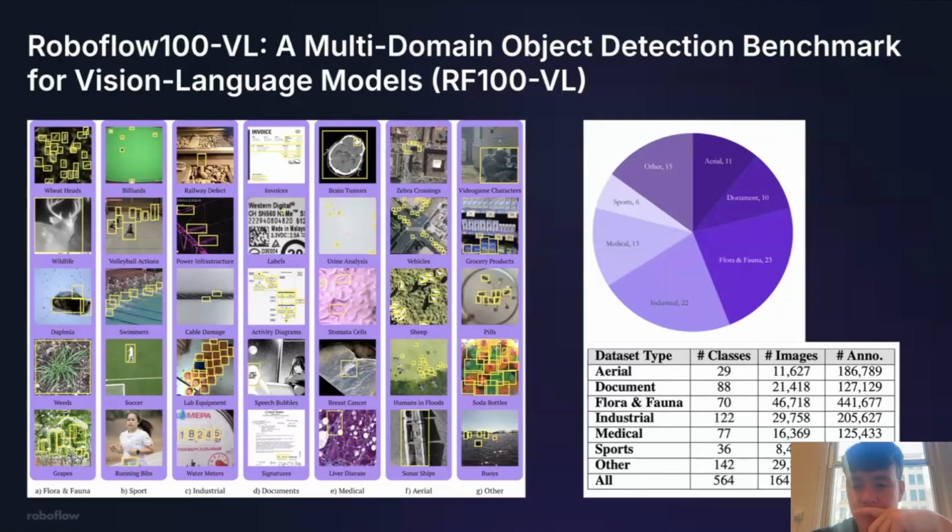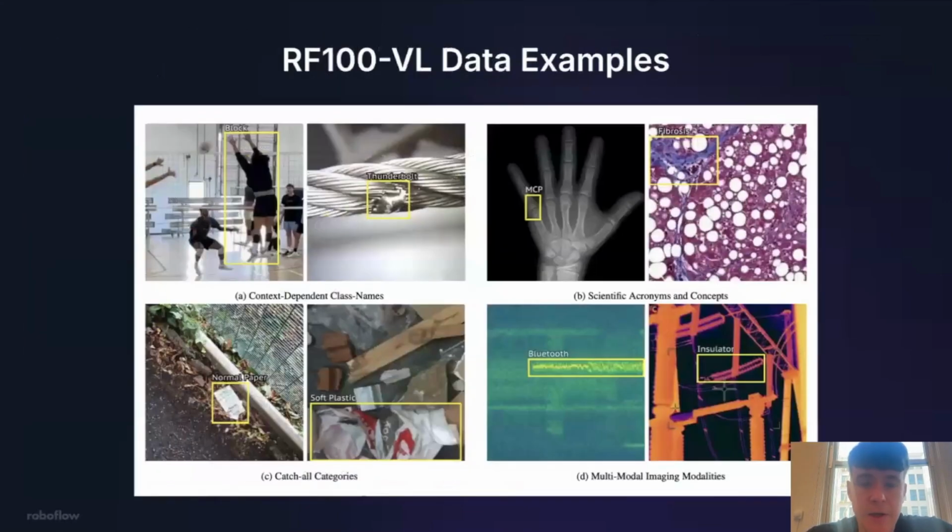This time we have fewer images, 164,000, but they're a little more high quality and convey more information. Let's go ahead and see what is there.